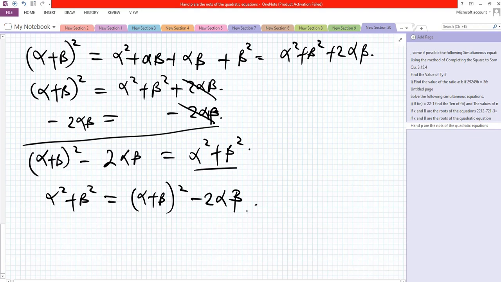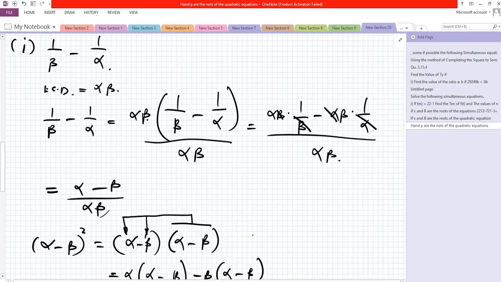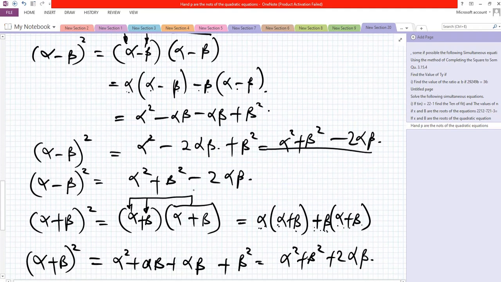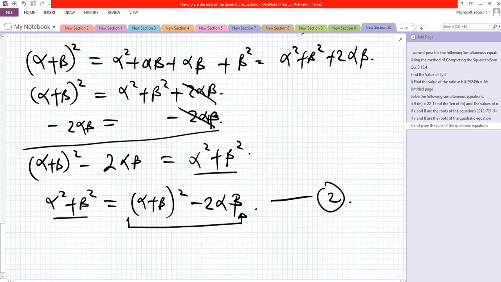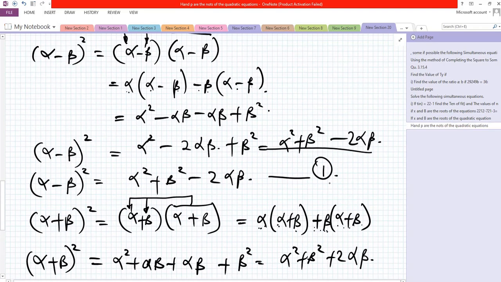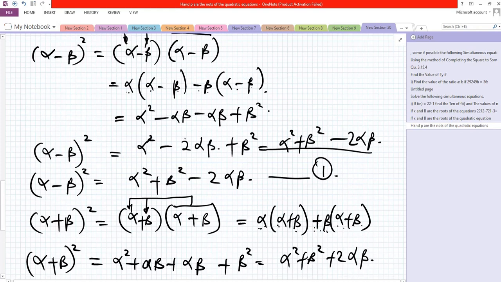Now we have gotten this expression equal to this. Now can I call this equation? Let me call this equation 1. Let me call this equation 2. So substituting this expression, alpha square plus beta square equal to this, into equation 1.